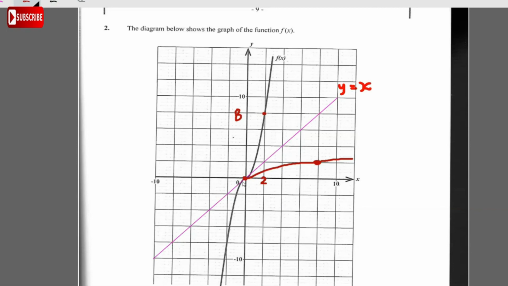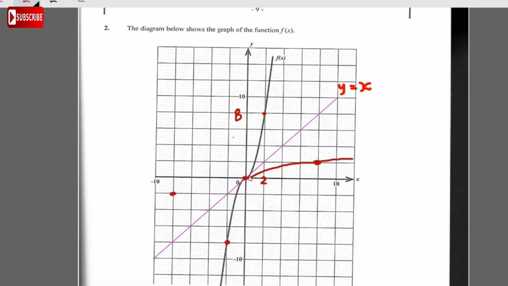Now let me see how it behaves down here. Now I have a point (-2, -8), so I need to go to (-8, -2), which is here.